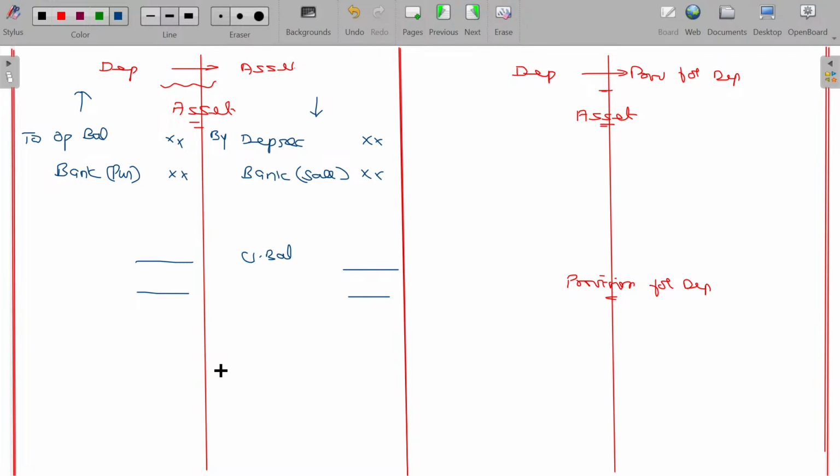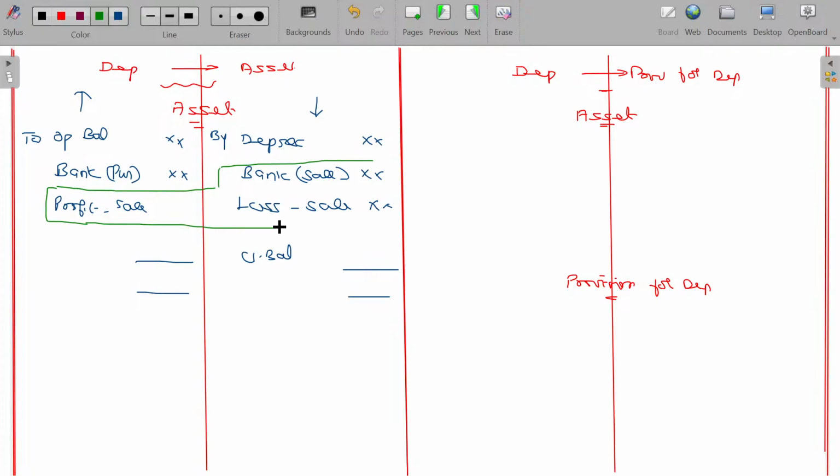We sell more than the book value or less than the book value. If you are selling more than its book value, then it's a profit. Profit gives a rise to the value of the asset, right? So it should be in the debit side. So profit on sale. In case of loss, it should be in the credit side. Loss on sale. This one usually appears at the time of sale.